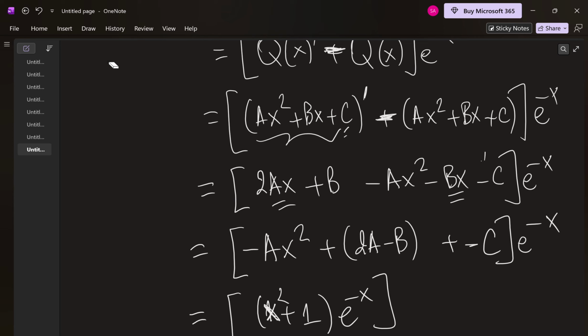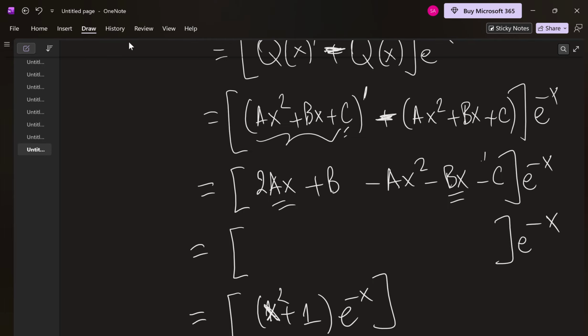So this is b, and now we delete all this. So this is actually equal to minus a x squared plus (2a minus b) x plus (b minus c).